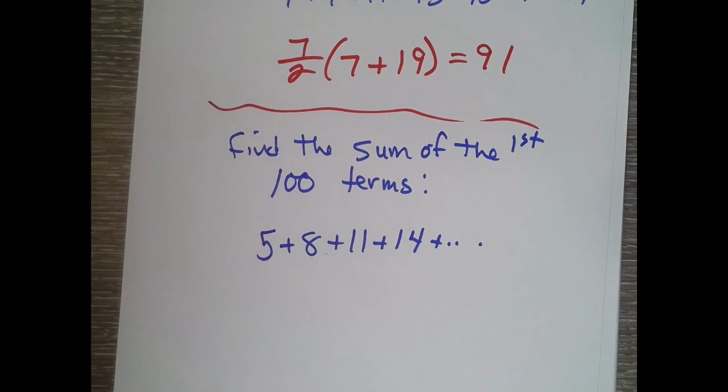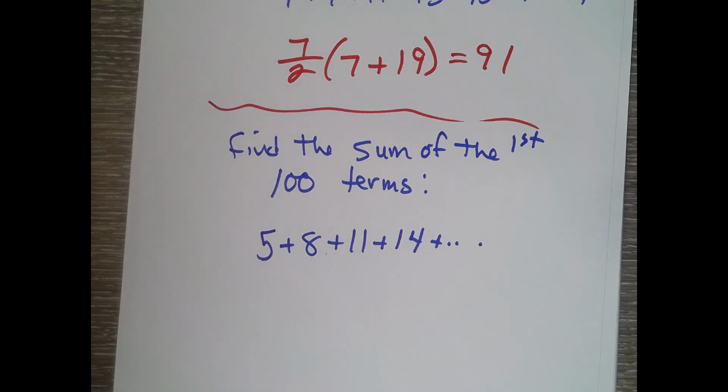What do we have to do in order to find it? 5 plus 8 plus 11 plus 14 plus 17. What's the first thing you have to do? Yeah, you need to find the nth term. The nth term will help us find the 100th term, and then you can use the formula.